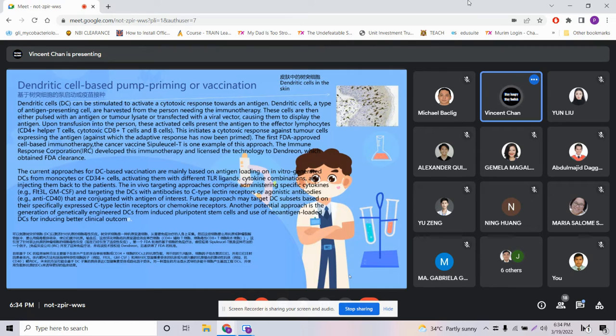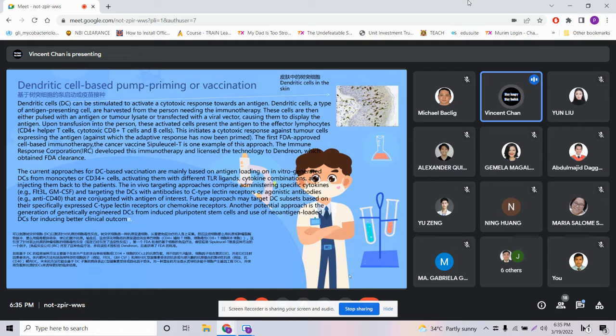The Immune Response Corporation (IRC) developed this immunotherapy and licensed the technology to Dendreon, which obtained FDA clearance.